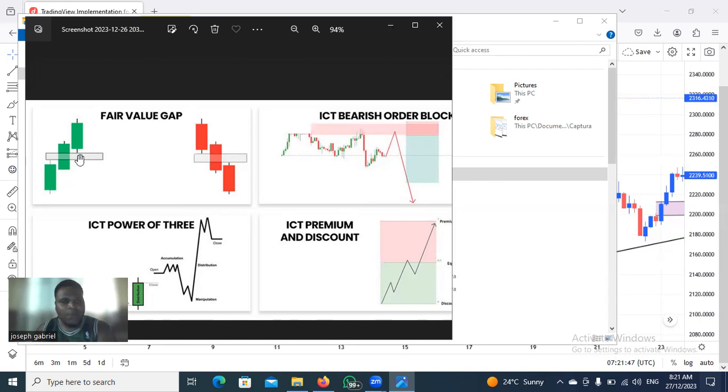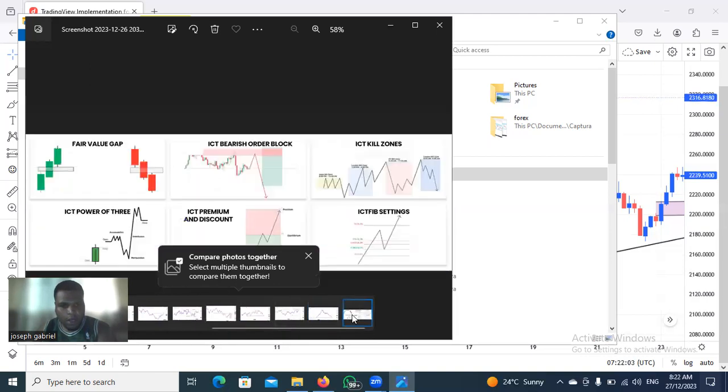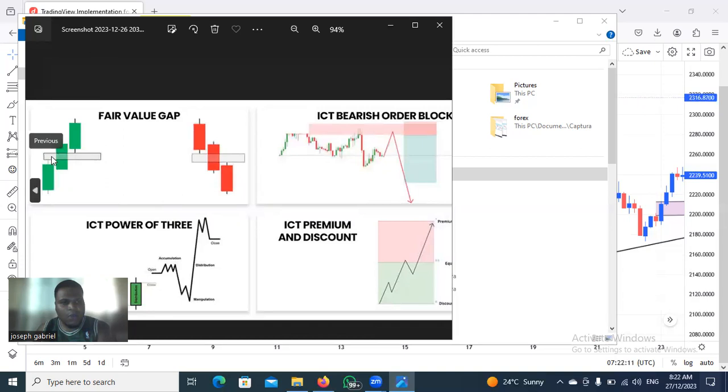So when price came to fill in the gap here, you can see that there was a gap here. This is the gap we're talking about. This gap between this candle, oh sorry, now between this candle, so we had a gap between this first candle and the third candle.